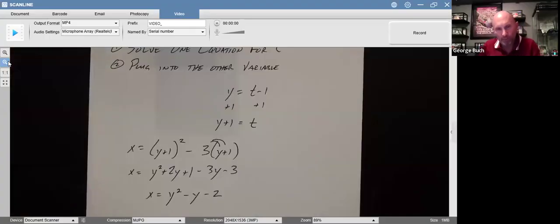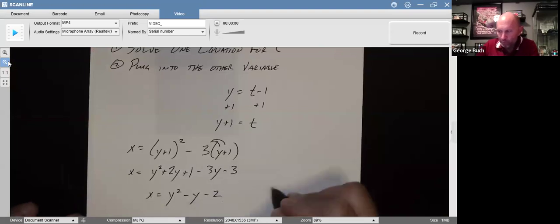And when we get to it in one of our future lessons, when we have x is equal to something with a y squared, this gives me a horizontal parabola.